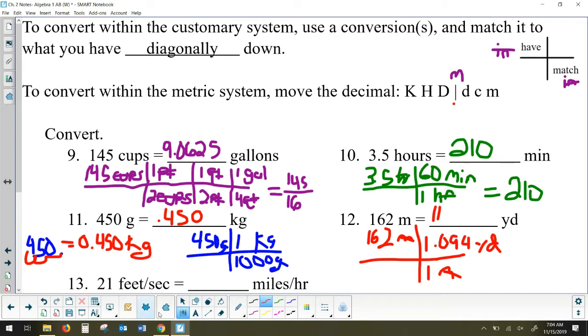Oops, my bad. Where's my eraser? We end up with 177 yards, something. 177.228 yards.